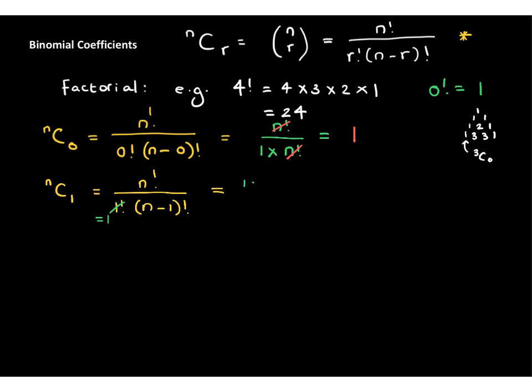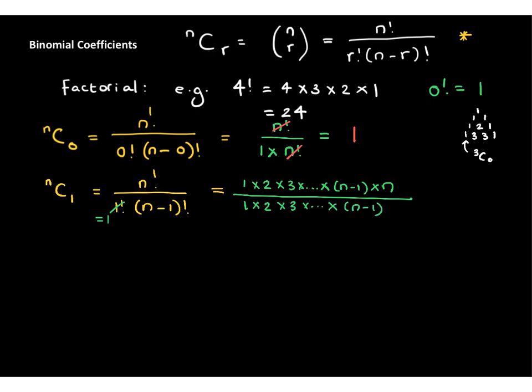It means 1 multiplied by 2 multiplied by 3 multiplied by all of the numbers up to and including n. Now the number before n is n minus 1, so I'm going to write it in like that. So that's what n factorial is equal to. And we're dividing this by n minus 1 factorial, which is 1 multiplied by 2 multiplied by 3 multiplied by all of the numbers up to and including n minus 1.